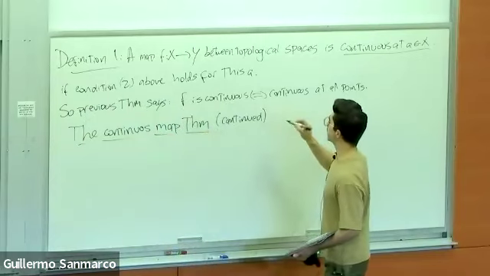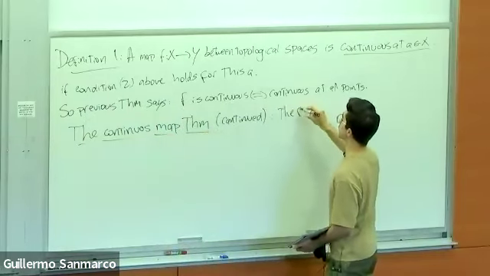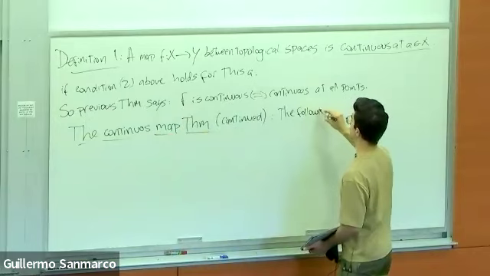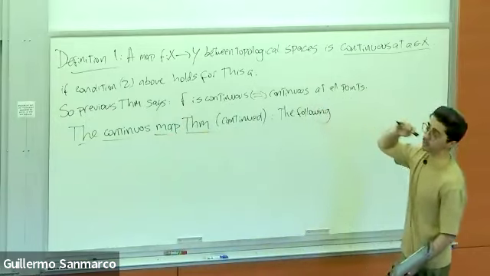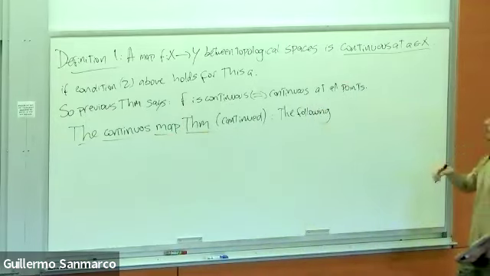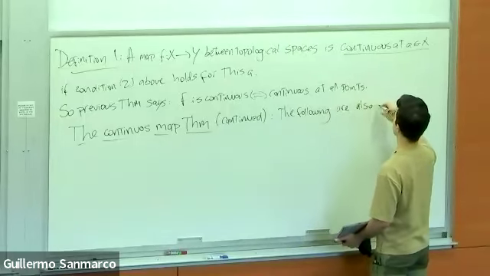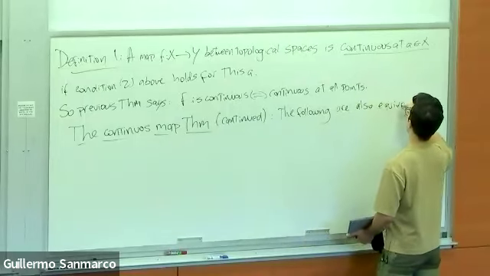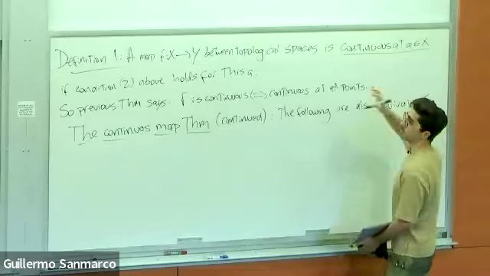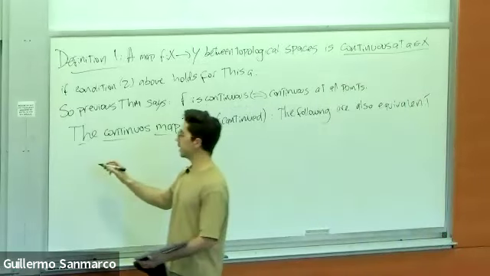And what I want to say is the following are also equivalent to those two. So I have the same setup. I have a function from X to Y. And I want to just say the following are also equivalent. And I'm going to continue the numbering here.